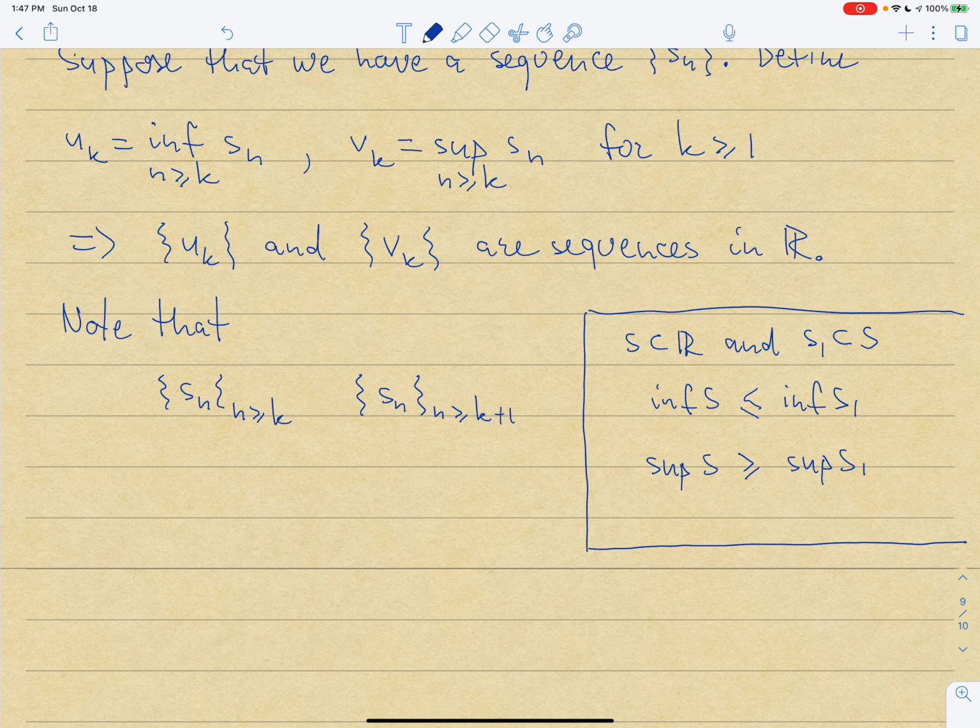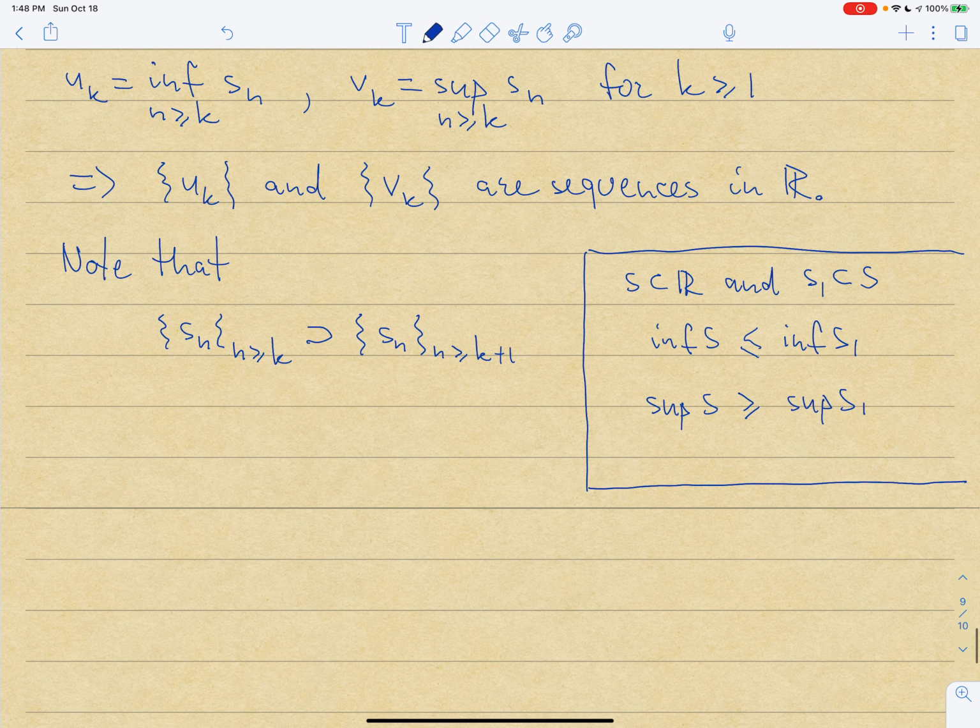The answer is yes, because this set has elements starting from the k-th, and this one has elements starting from the (k plus 1)-th, so this second set will have one fewer element than the first set. And so that means, because it has fewer elements, but all other elements belong to both sets, that this is a subset of that.